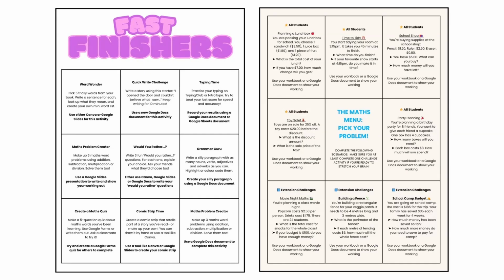What I actually did was I got ChatGPT to help me out with this one, and I asked it for a variety of different fast finisher activities, including some literacy and numeracy activities. So you can see here that we've obviously got word wonder, quick writes, and some maths problems, and then I asked it to create a variety of activities that I could include in my choice board. I think I asked it to create about 15 to 20 activities, and then I just went through and selected the ones that I liked the most.